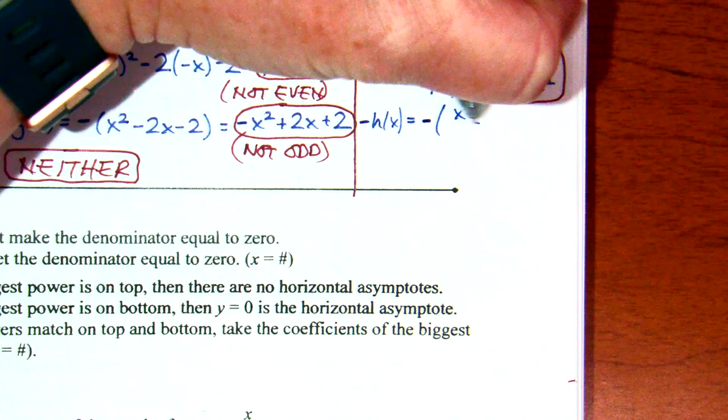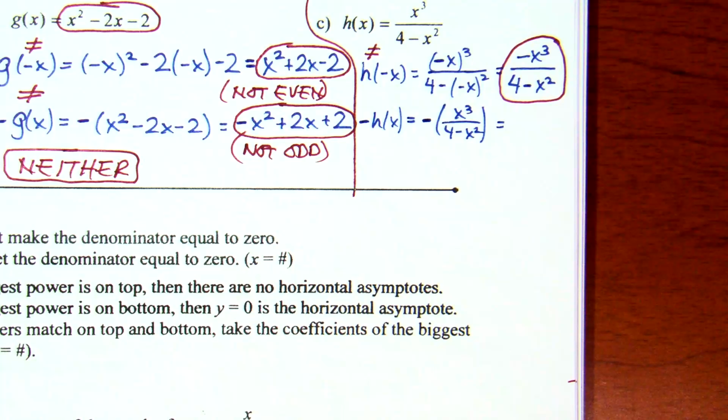Now, how do we multiply a fraction by a negative? Well, distribute the negative. Now, here's the key, though. Do we distribute that negative to top and bottom, or just one?